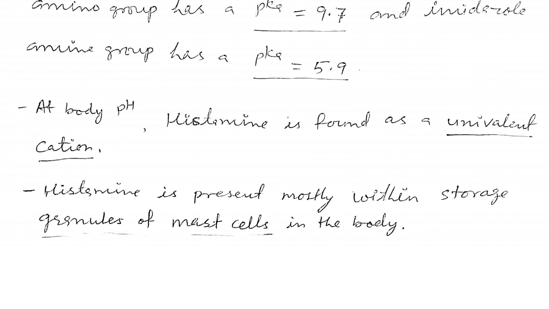This histamine is present in our body, especially in the granules of the mast cells. Dear students, you know the mast cells are present in the blood and in almost every tissue of our body, and these mast cells are responsible for local protection.